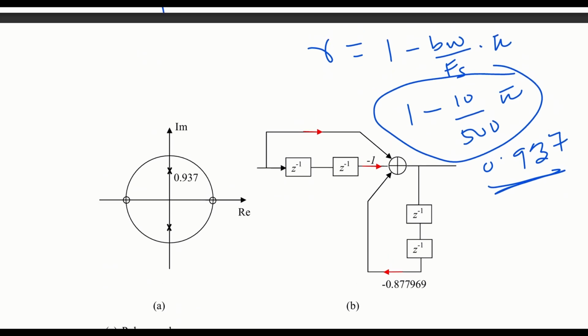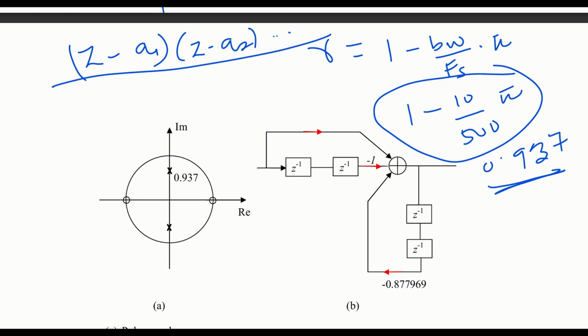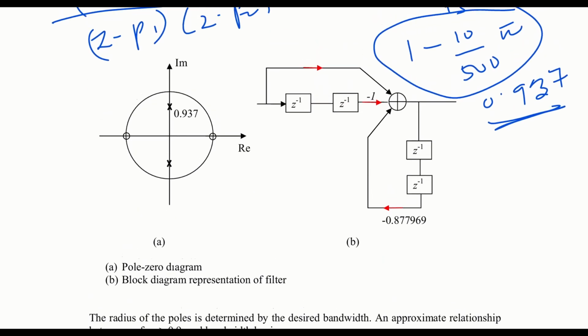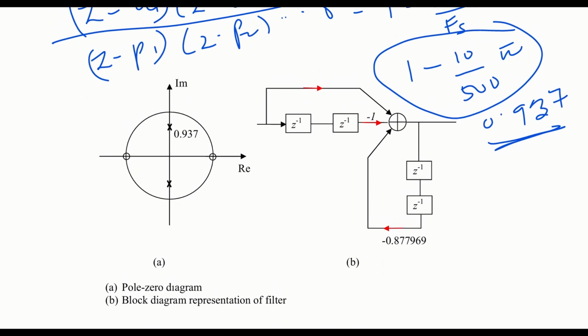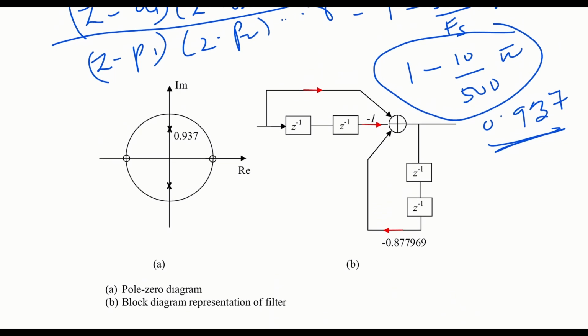So that gives you the advantage that you can now write your equation, right? In writing your equation, like I said, it will be z minus the zeros. I don't want to use z to represent the zero again, so I use z minus a1, z minus a2 continuously. We also have the denominator z minus p1, z minus p2, continuously. Remember that generally the transfer function should look like this. So in that case, we have to start writing.